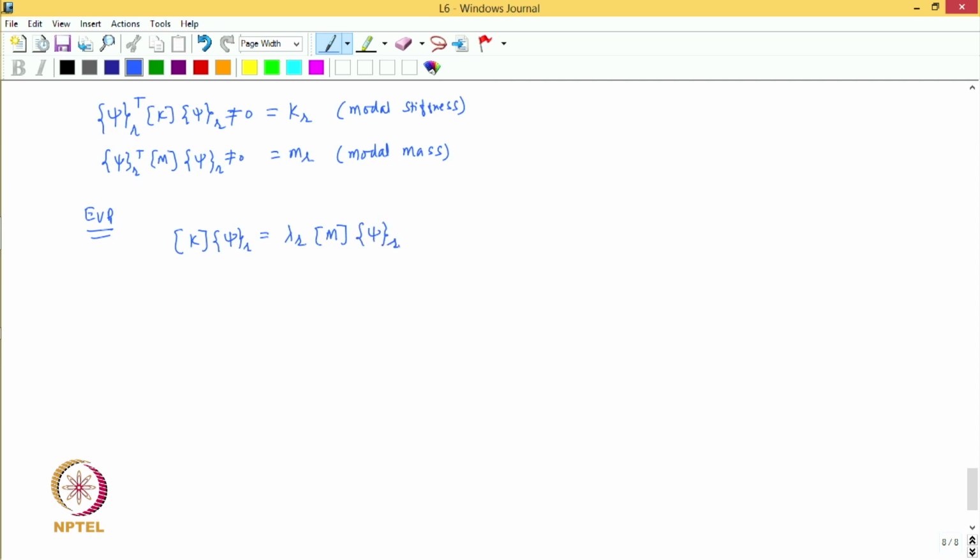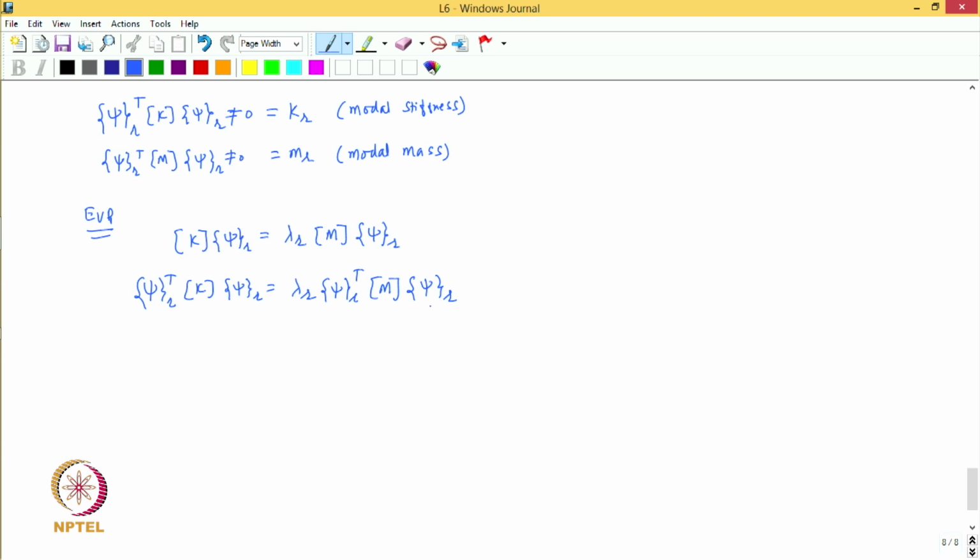If we pre-multiply this by psi r transpose, then we get psi r transpose k psi r is equal to lambda r psi r transpose m psi r.